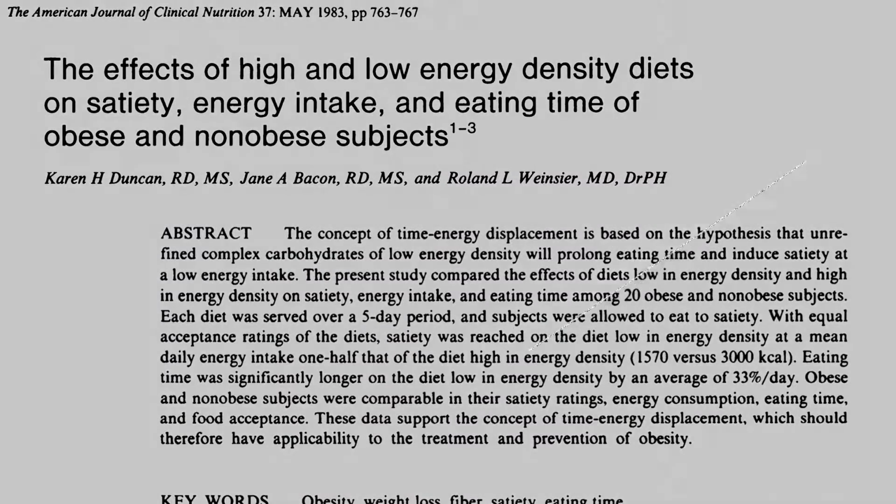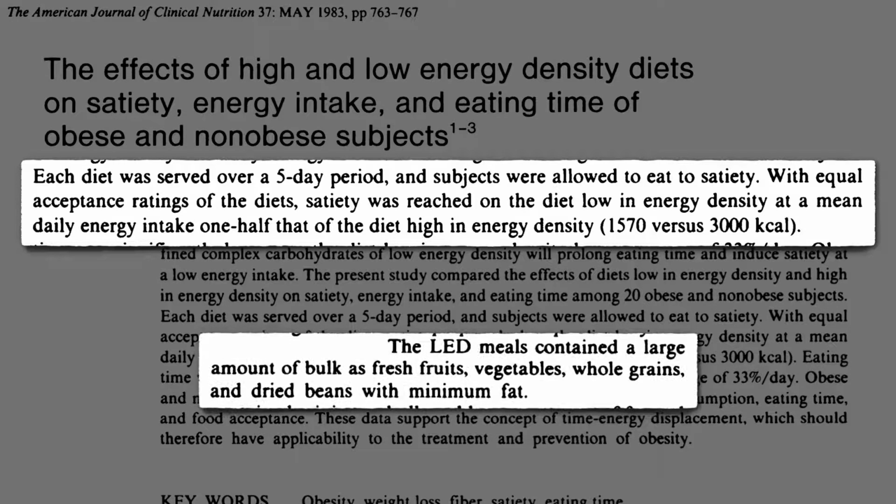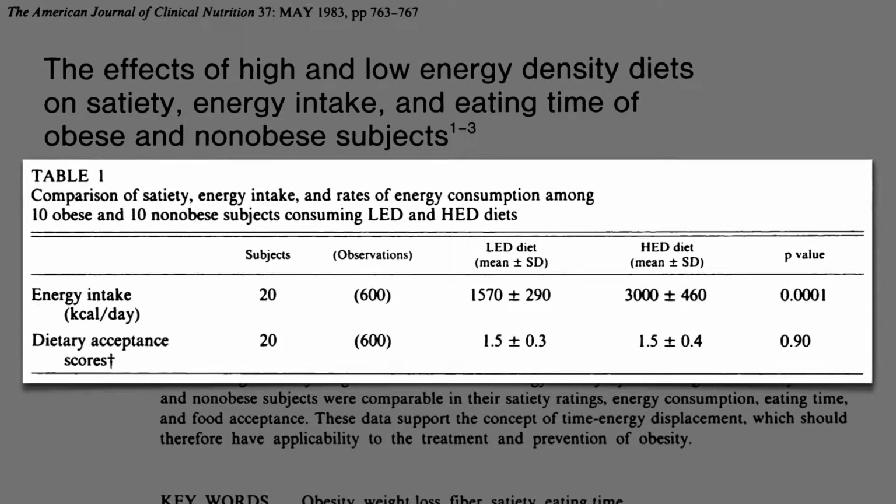Researchers were able to cut people's caloric intake nearly in half, from 3,000 calories a day down to 1,570 without cutting portions, just by substituting less calorie-dense foods, which means lots of fruits, vegetables, whole grains, and beans, compared to a high-energy density meal with lots of meat and sugar. Nearly half the calories, but they enjoyed the meals just as much.